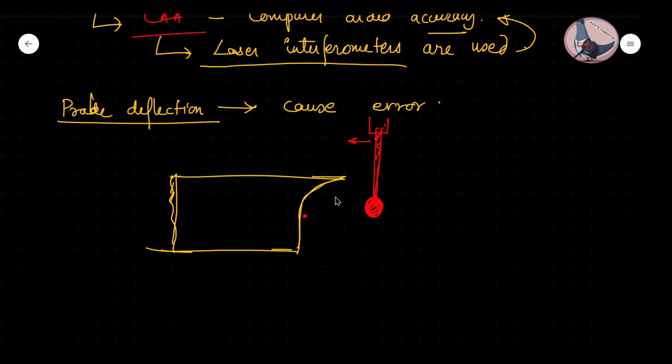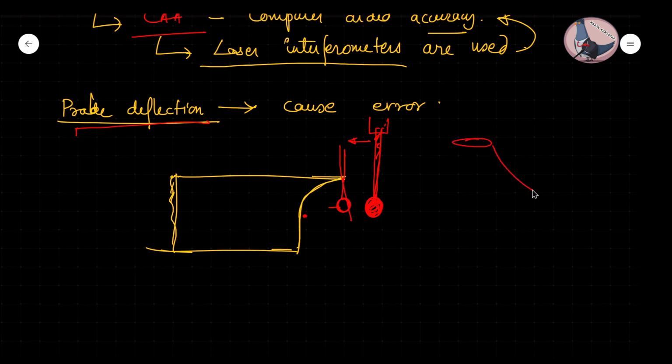Okay. Now what do you think will happen? When this probe will come over here, and then if it moves, there will be a deflection in the probe. It will become something like this. I have just exaggerated the view, but you can understand that it can happen.